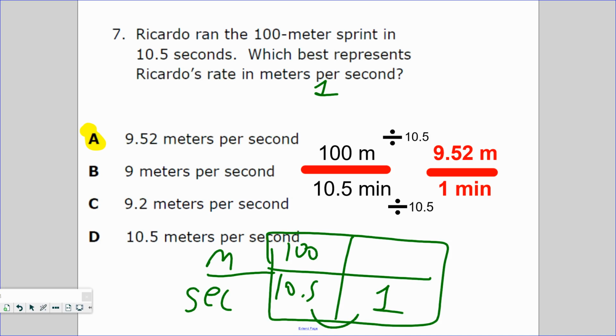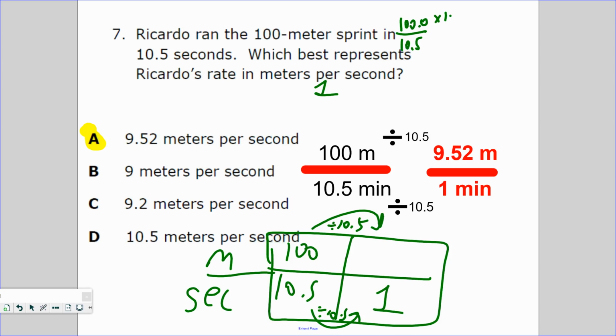How do you break it down from 10.5 seconds to 1 second? Divide by 10 and a half. So what is 100 divided by 10.5? So 100 divided by 10.5, and x is 0 here.